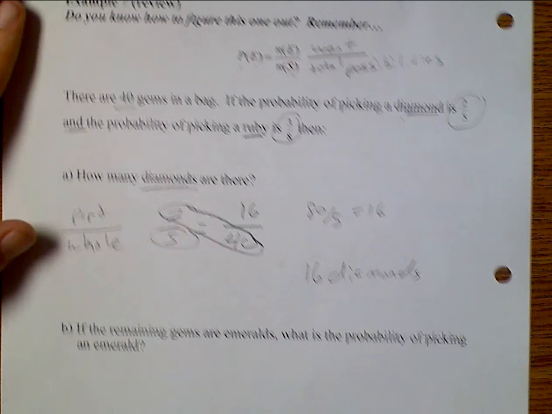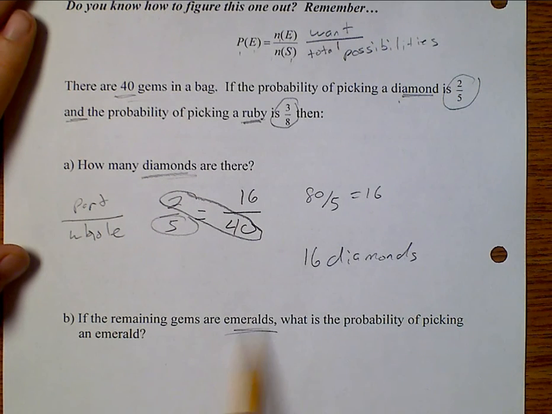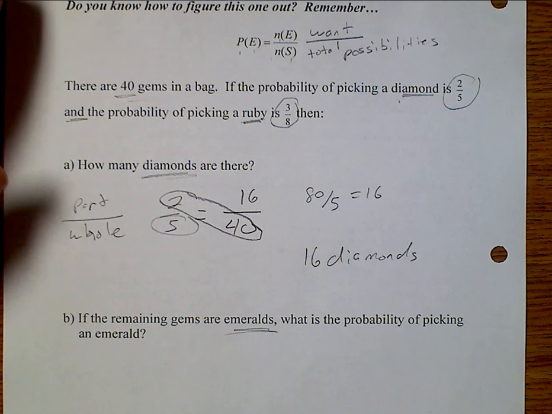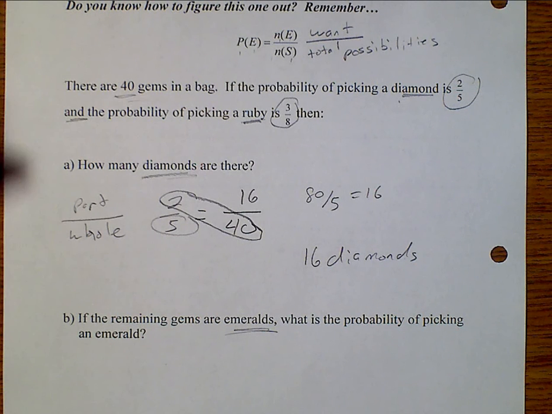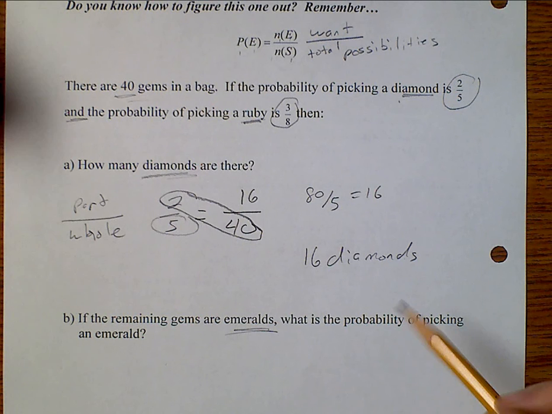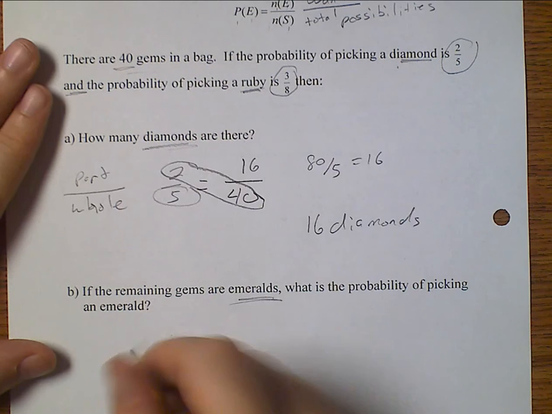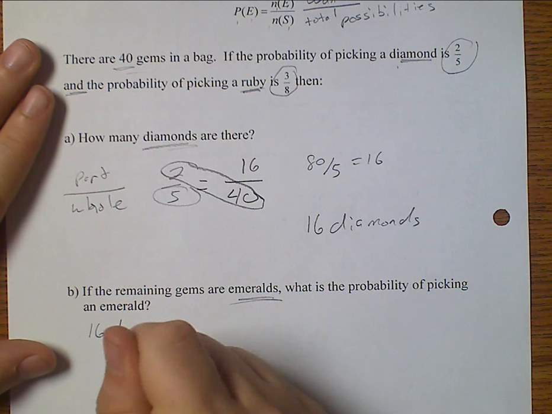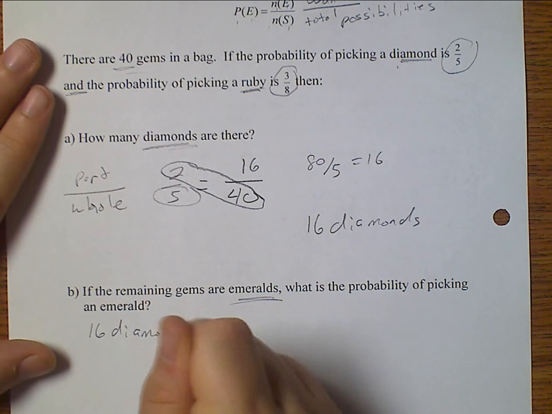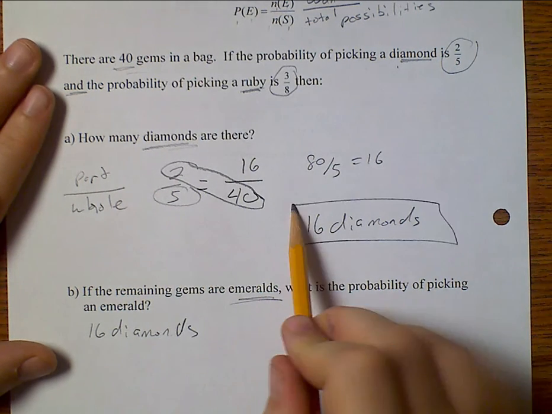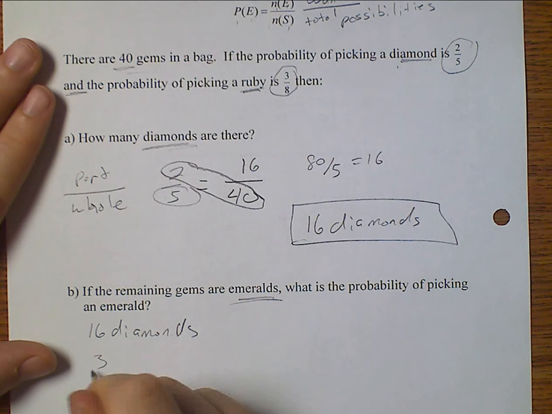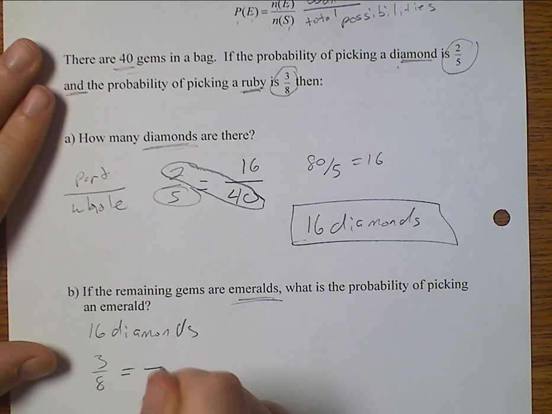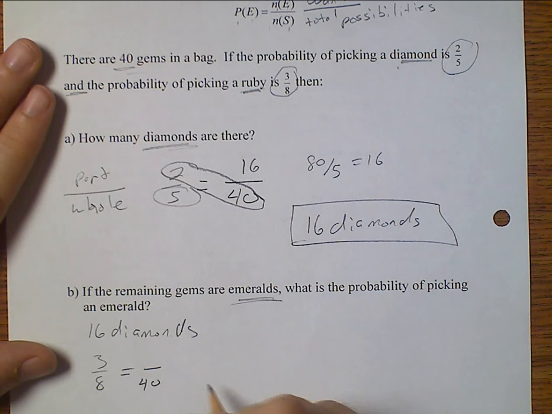Now, if the remaining gems are emeralds, what's the probability of picking an emerald? A few different ways to solve this. The method I'm going to use is we already know how many diamonds. Let's figure out how many rubies. So we already know 16 diamonds. 3 out of 8 equals something out of 40 for rubies.